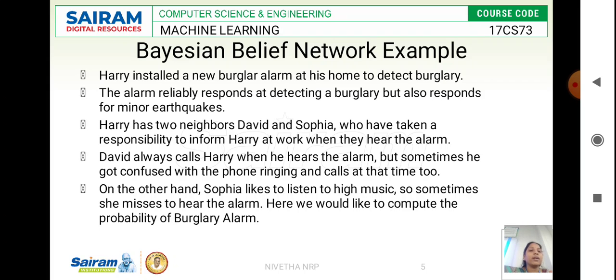This is the scenario, and we will be determining the probability of the burglary alarm. We'll see what probability distribution we have to detect the burglary, the probability of the usage of the burglary alarm.